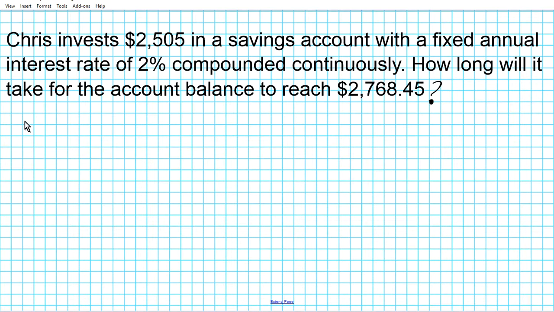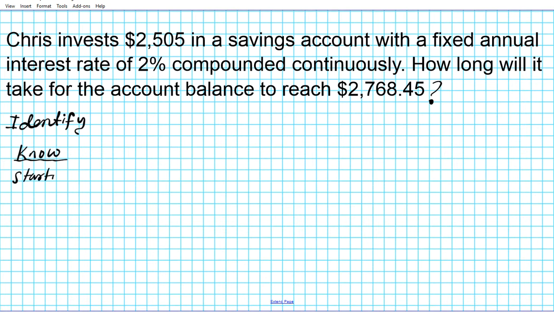What are we given and what are we trying to find? Okay, so let's do the identify step. Alright, so we're going to start with what we know. What are we given in this problem? We know the starting amount.